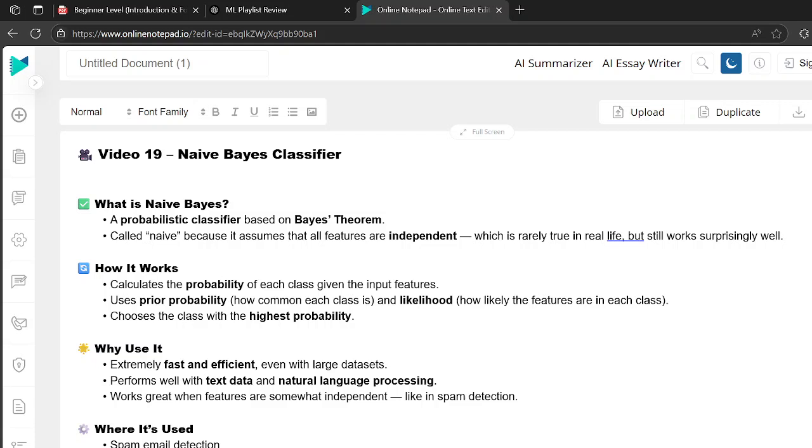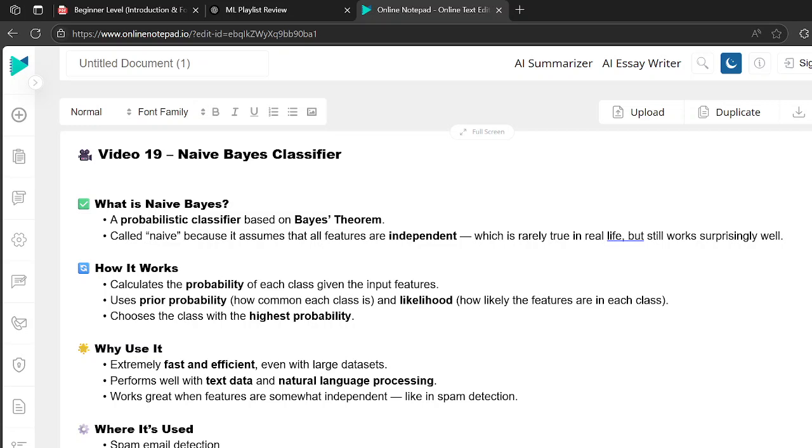So what is a naive Bayes, guys? The naive Bayes is a probabilistic classifier which is based on the Bayes theorem. I hope you are all familiar with the Bayes theorem. If not, you can look it up. It is called naive because it assumes that all the features are independent, and this is not true in real life, guys.